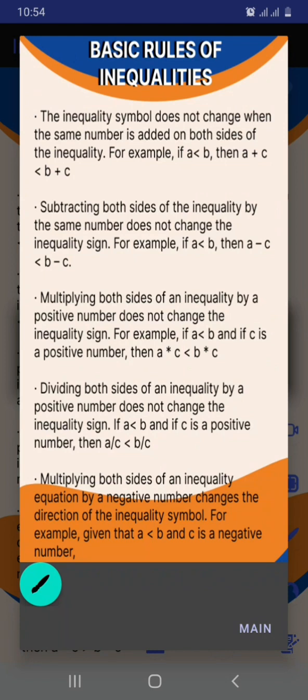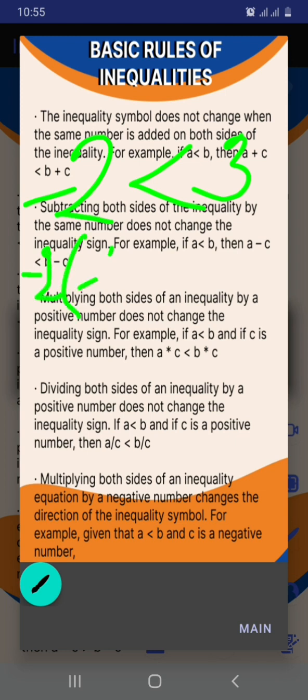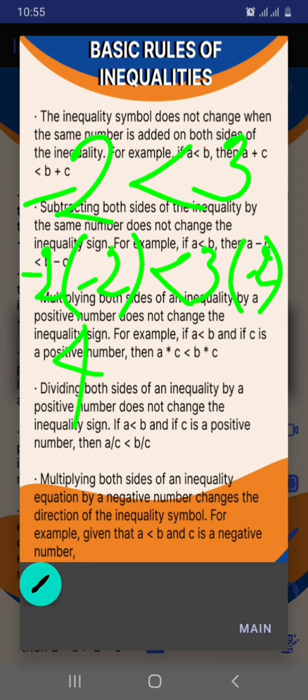Let's take, for instance, we understand that minus 2 is less than 3. If we should multiply by a negative value, let's say, for instance, minus 2, that is, minus 2 multiplied by minus 2, less than 3 multiplied by what? Minus 2. You're going to get minus times minus gives us plus. 2 times 2, 4. Less than, there is an invisible plus in front of this 3.